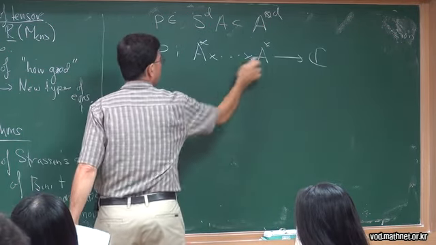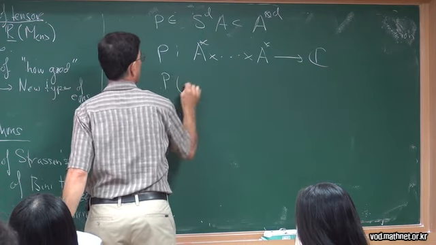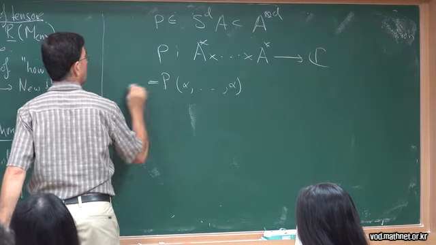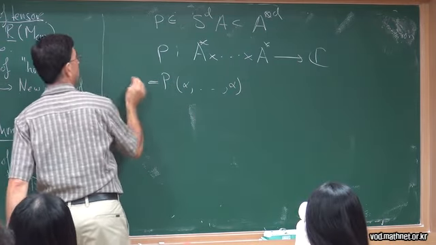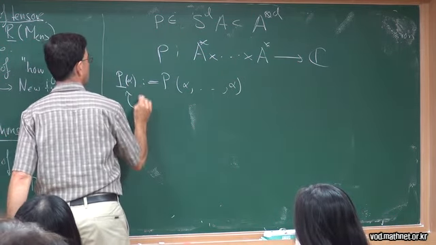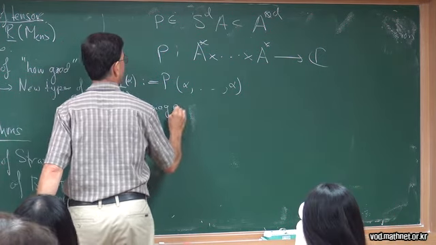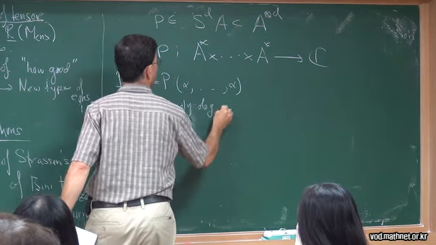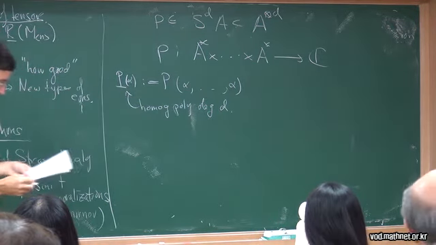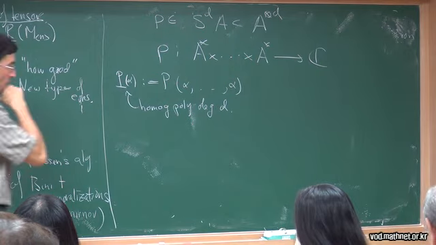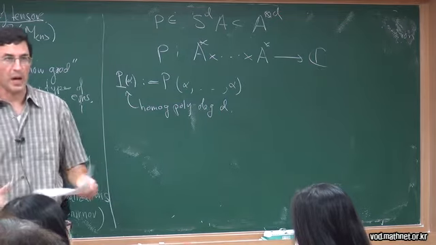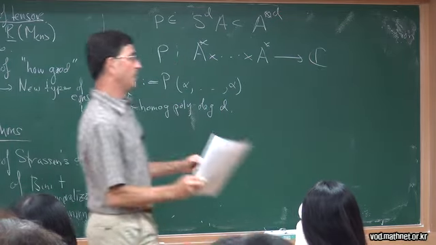And if I feed it the same element, maybe I'll use a symbol P underbar of alpha defined to be this. This is a homogeneous polynomial of degree d. So I just take my multilinear form, I feed it the same thing d times. Now, that's going to be important because algebraic geometry is the study of polynomials. So this is our space of polynomials.